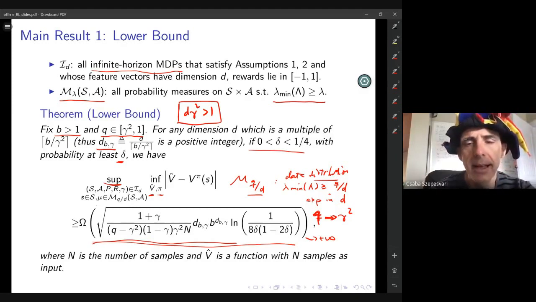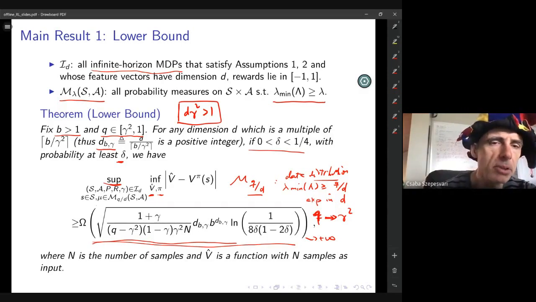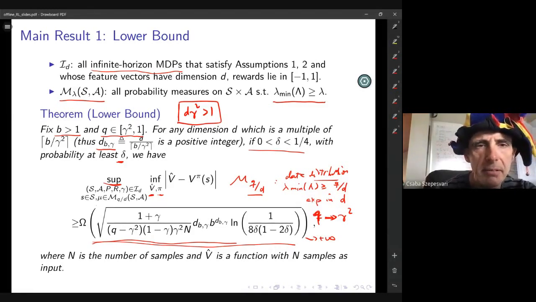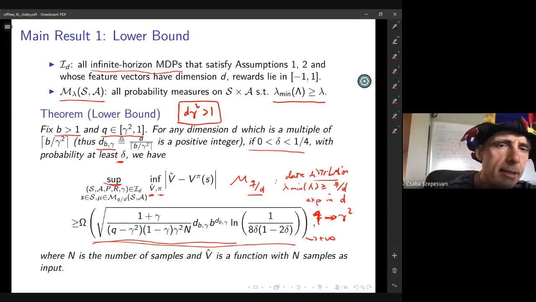So usually it's the MDP and the sampling distribution that induces a joint distribution over the sample, and that's the source of the randomness. But here the supremum is over all possible MDPs in this set, and the mu is also a little bit confusing for me, that we have this sup and inf, and then there's the v hat. What is the source of randomness here? How do we make sense of this?